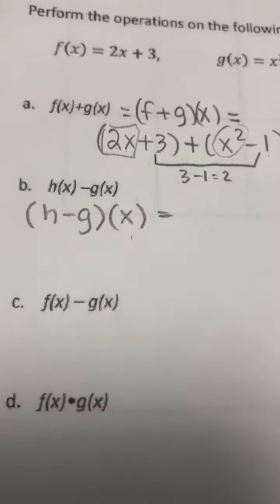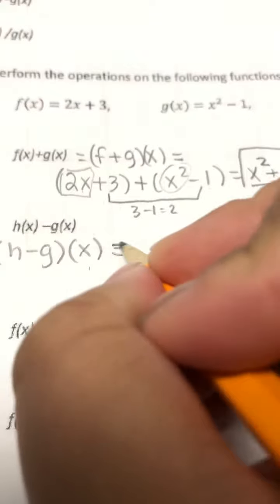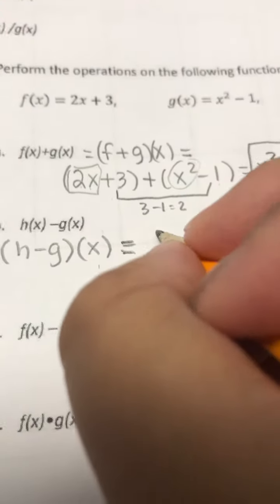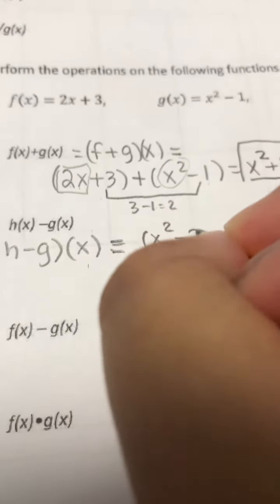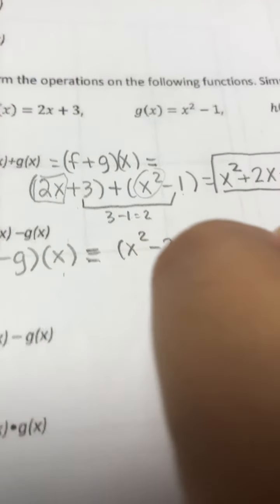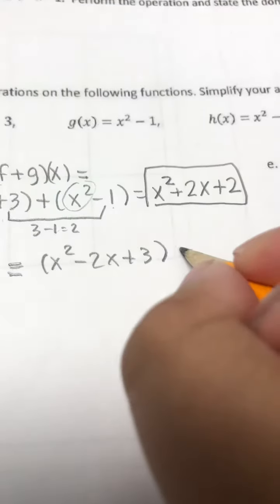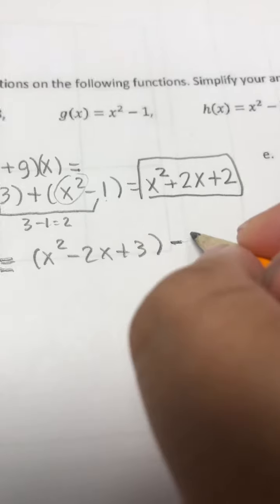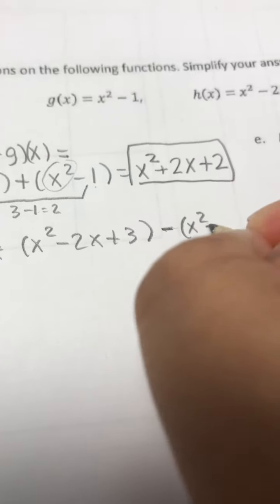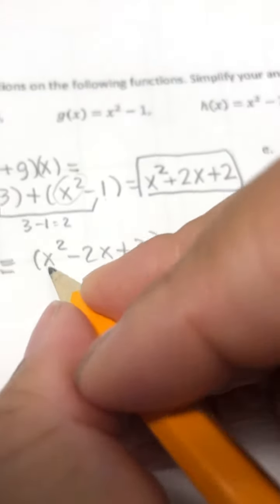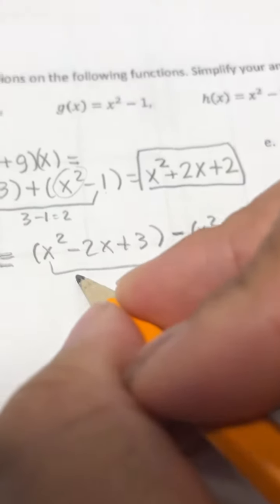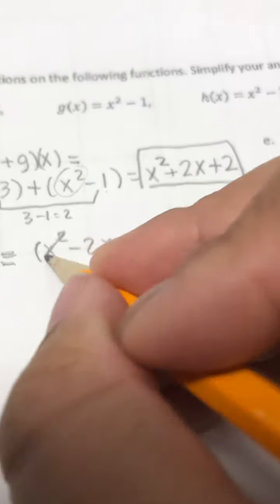All right, the next one is h of x minus g of x. So we're doing h minus g. So h is x squared minus 2x plus 3. And g is x squared minus 1. So combine my like terms. 1 minus 1 is 0, so those cancel out.